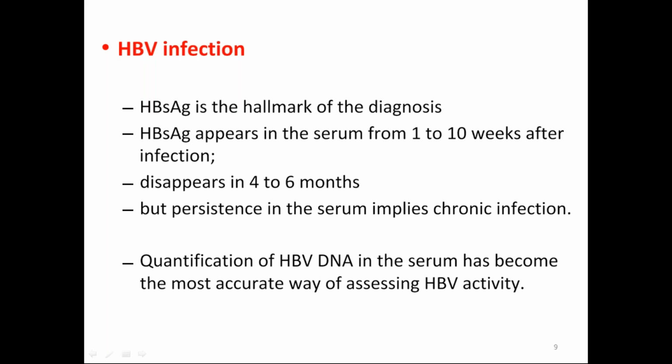But in chronic patients, it is always positive, as it is always present in the serum. Today, rapid tests are being done everywhere, and the most commonly done rapid tests are for hepatitis B and C.